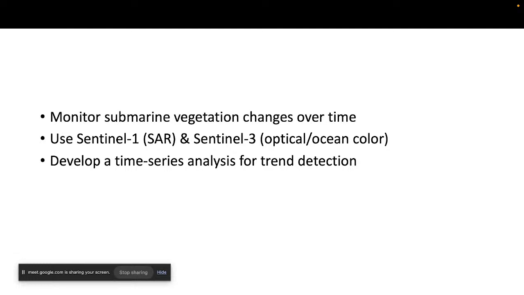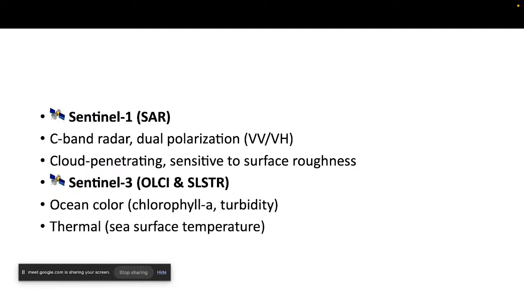As well as we also use Sentinel-3 for optical ocean color. This is another sensor we use, and we also develop time series analysis for trend detection. You can see Sentinel-1 is SAR data, with C-band radar, dual polarization VV and VH, and it is cloud penetrating and also sensitive to surface roughness.